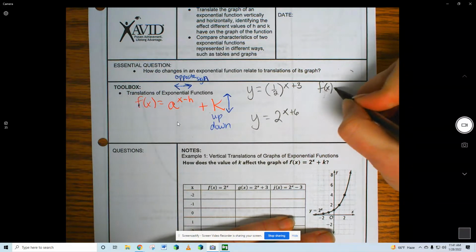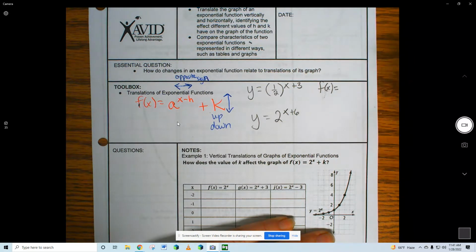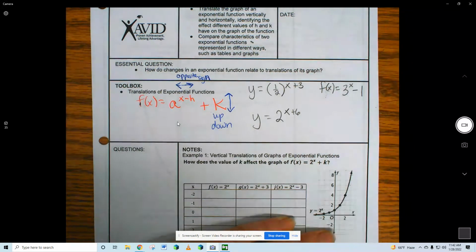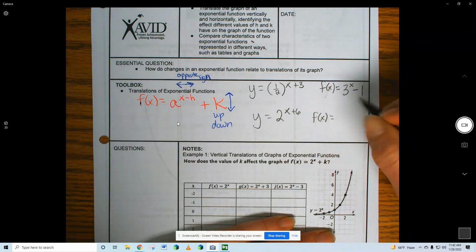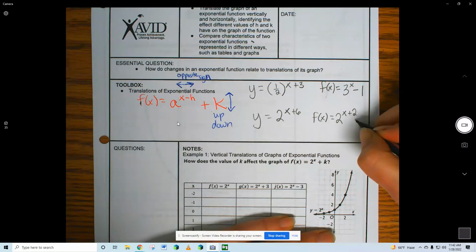F of x equals 3 to the power of x, and then a big minus 1. F of x equals 2 raised to the power of x plus 2, and then a minus 3.